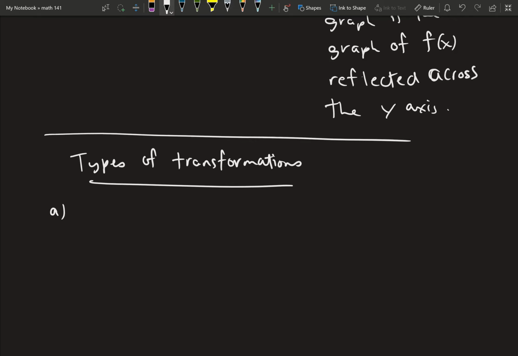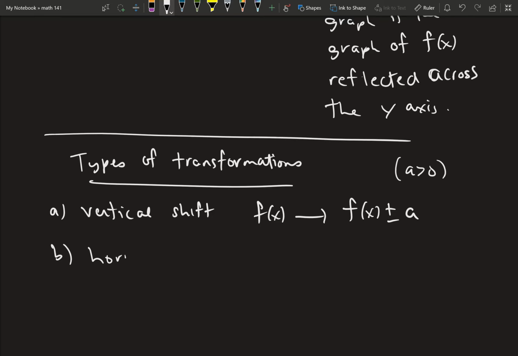So the first was the vertical shift, and this is you start with the function f and you get a function plus or minus a number a. That moves it up or down. We're going to see them again. A is positive here.